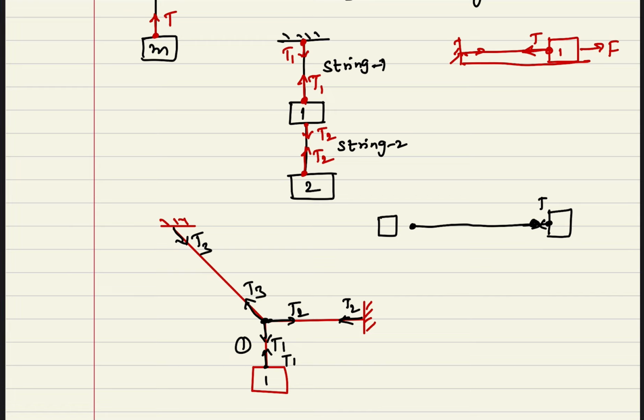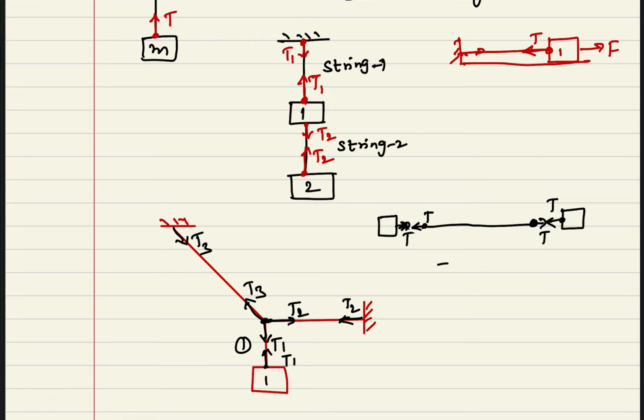Let me write the other body in a little more detail. Suppose I write like this, here contact is there, T, here also T. Similarly here T and here also contact is there, T. This is our tension forces. Tension forces, how they act on each and every body, you can check on the body as well as on the string.